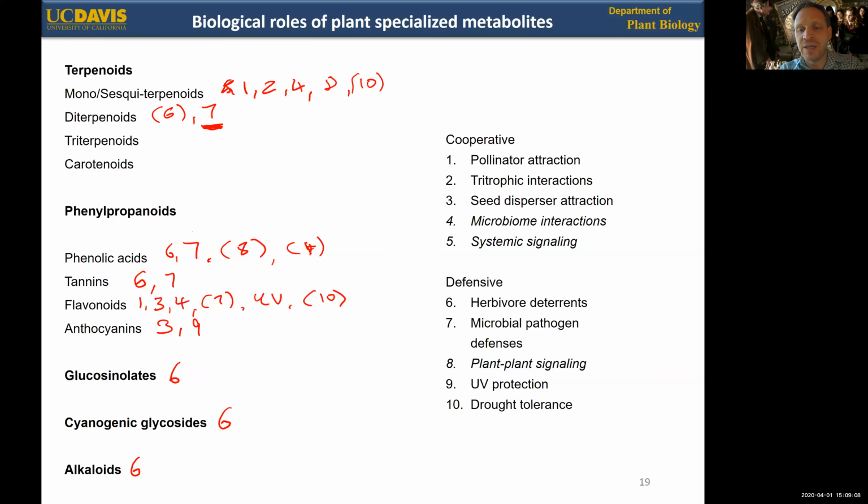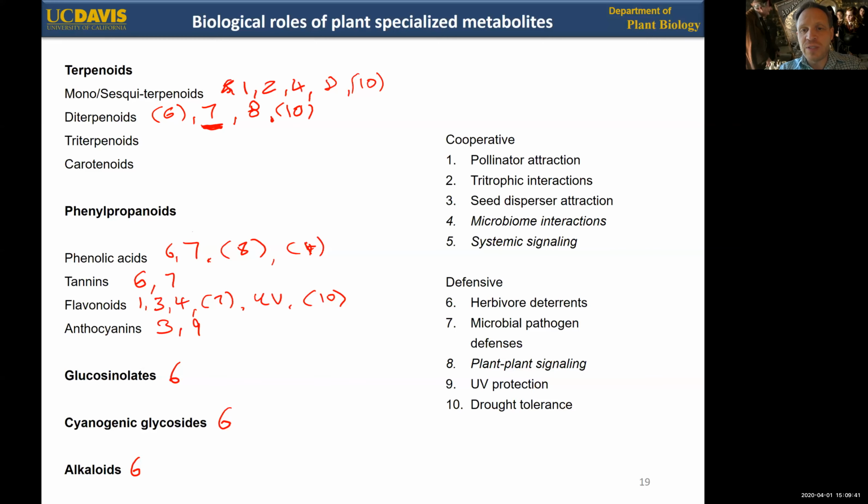I'm actually going to underline this here. There's less known in plant-plant signaling, but they can have allelopathic functions, suppressing the growth of neighboring plants. So they can do that, but in a defensive fashion. Again, barely any conjugated double bonds, so less involved in UV. But there's some evidence, in part from our own group, that they're involved in drought tolerance. We just don't exactly know how that works.